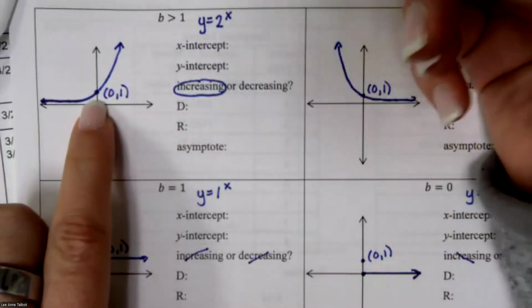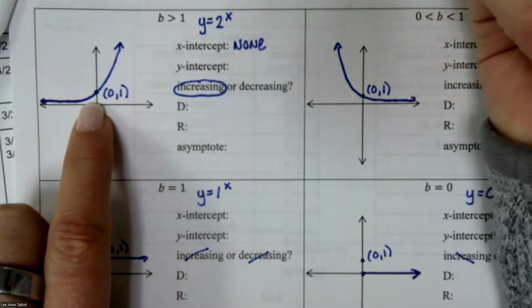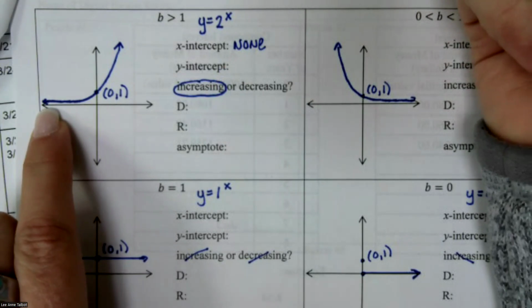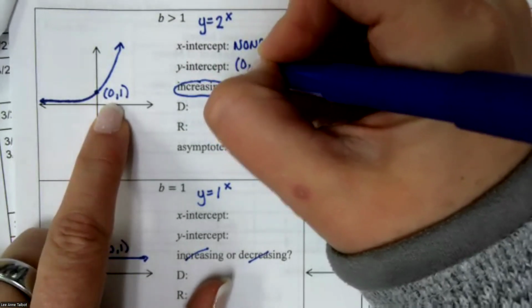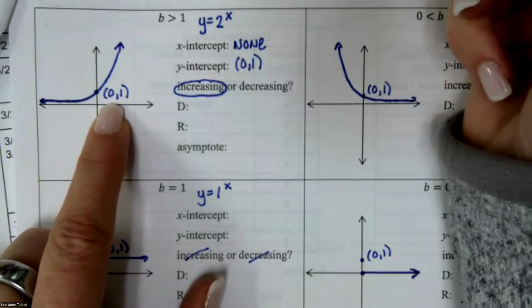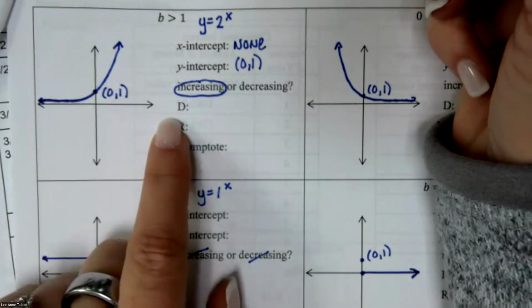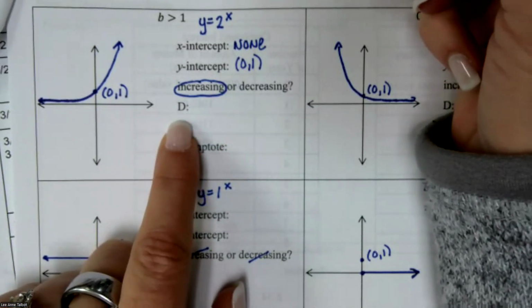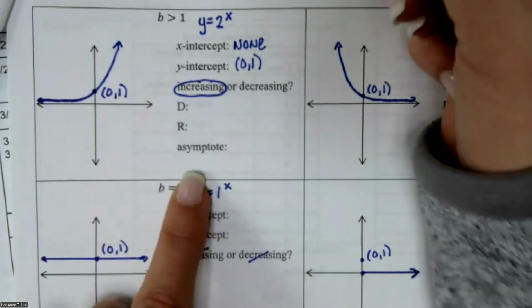Okay. First graph, x-intercept, none. Why not? Because it's never going to touch it. Y-intercept, 0, 1. Okay, blast from the past. What's the domain? When you ask yourself that, does it go forever left and forever right?